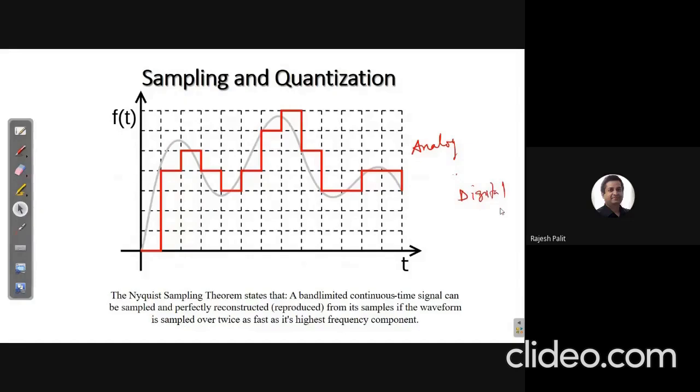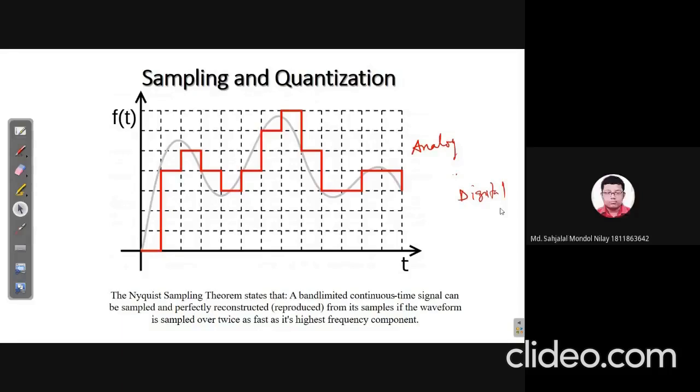It is just an approximation, close to the analog signal. But if you increase the number of levels and take enough samples, that is good enough to reconstruct the analog signal at the receiver end.